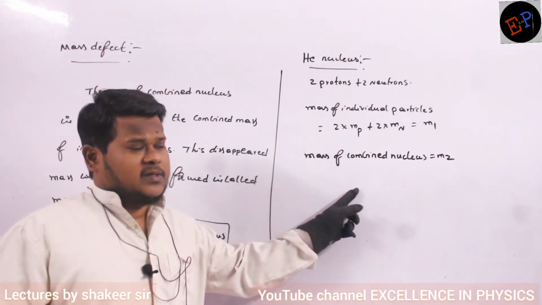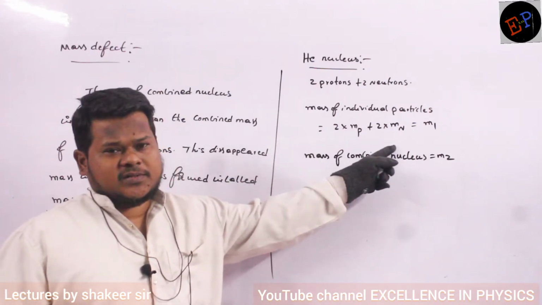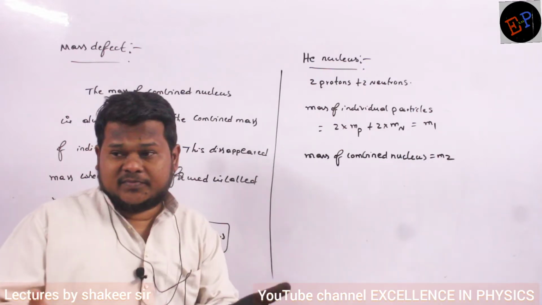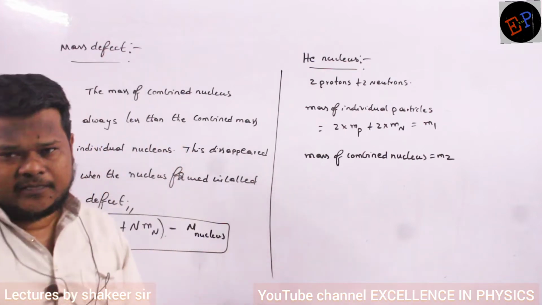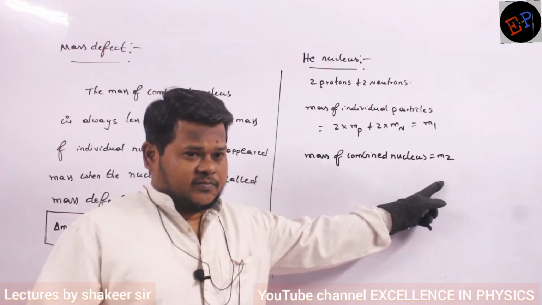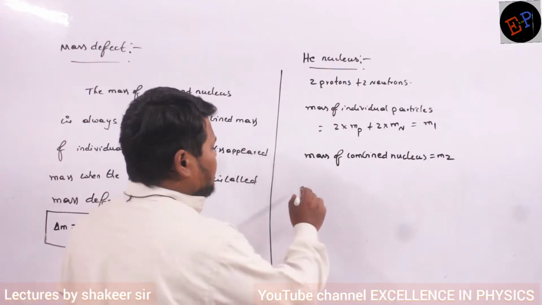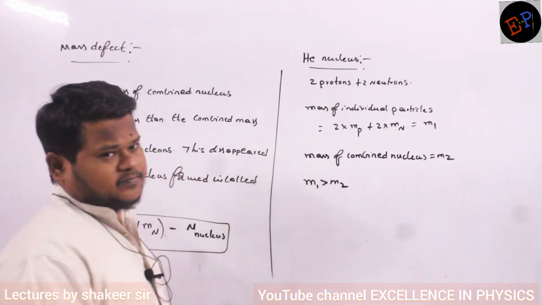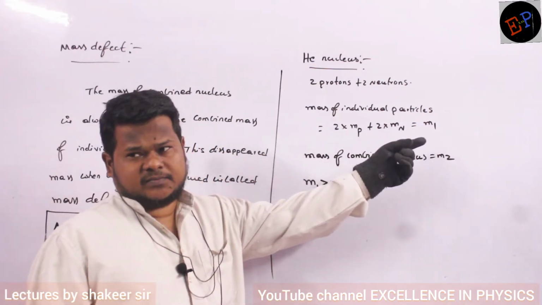Mass of individual particles, 2 protons plus 2 neutrons, is M1, and the nucleus of helium also contains 2 protons and 2 neutrons only, so its mass is M2. But when I check their masses, I always see that M1 is greater than M2.